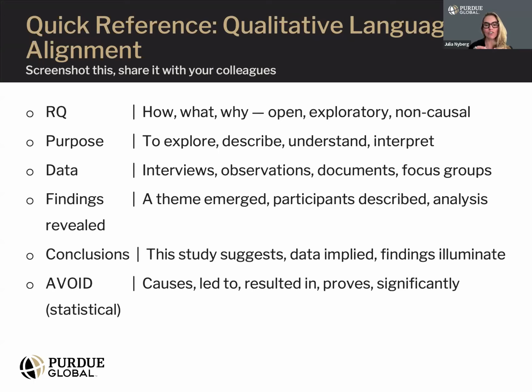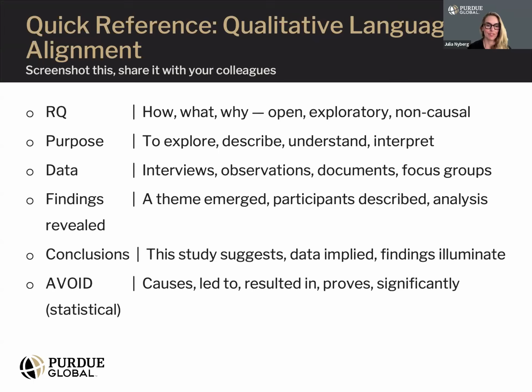These verbs surface what was in the data. They do not claim that the study produced an effect. Your conclusions. Your language is going to sound like this: study suggests, data implied, findings illuminate. Qualitative studies never conclude. They illuminate, surface, and suggest directions for further inquiry.